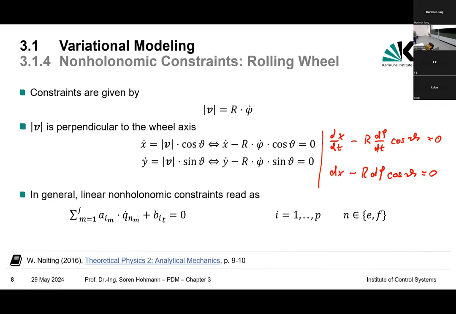So if we look at the overall situation, we have two types of non-holonomic constraints. One is given by inequality, and the second is given by such things here like infinitesimal equalities. These are the two ways of having that.